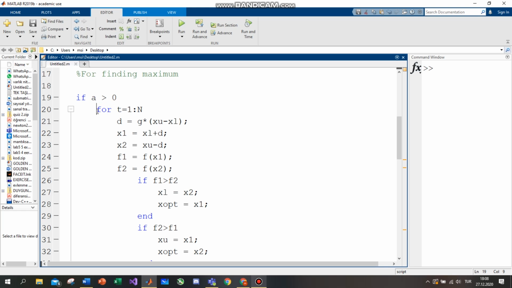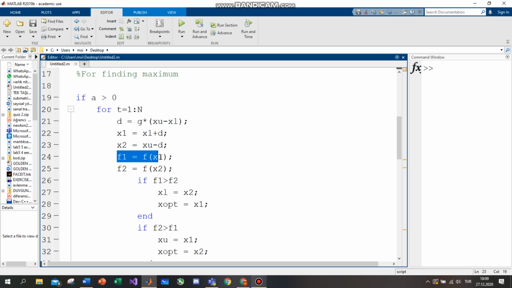Then for t equals 1, it opens a loop that repeats itself n times if the conditions are not met. This one is the change ratio, and this one is the change of the lower x value formula.